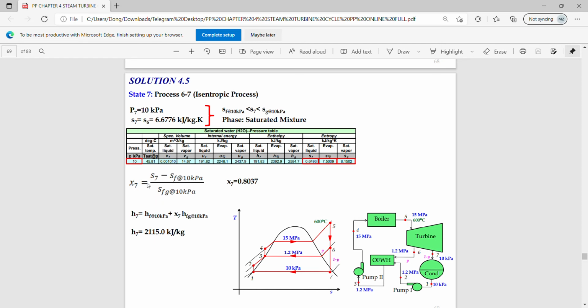So we need to insert SF at 10 kilopascal and SFG at 10 kilopascal into this equation. We can get both of these from the saturated water pressure table. After we insert the values, we get X7 equal to 80.37% or 0.8037.